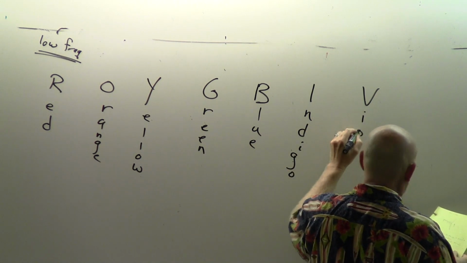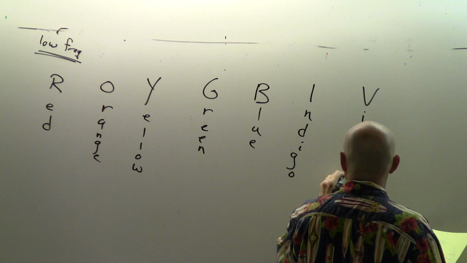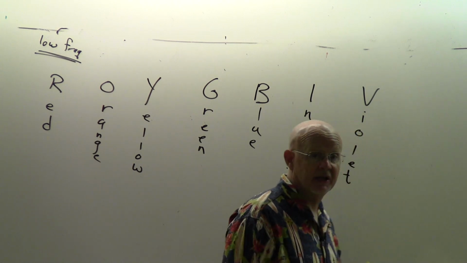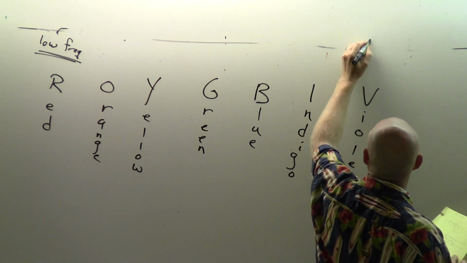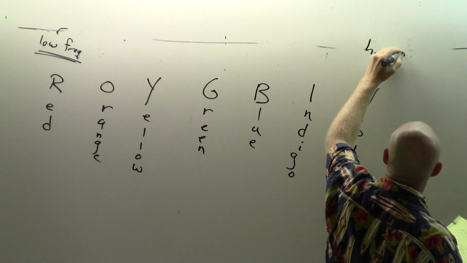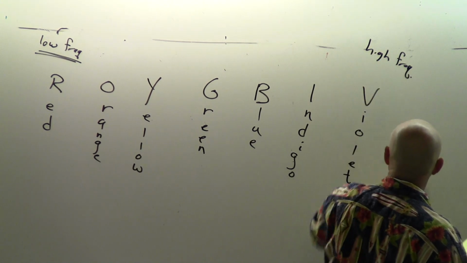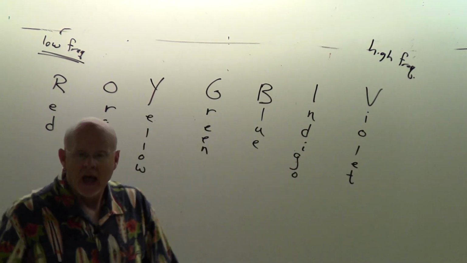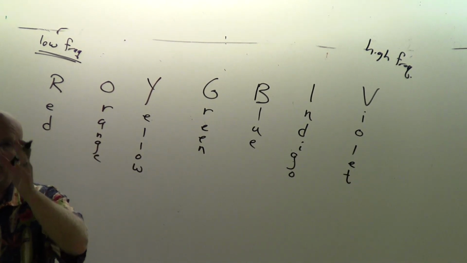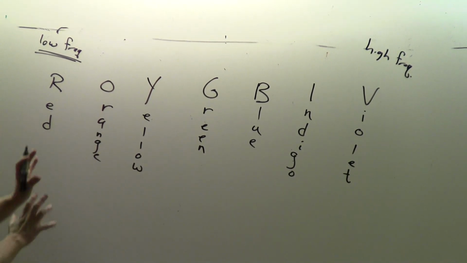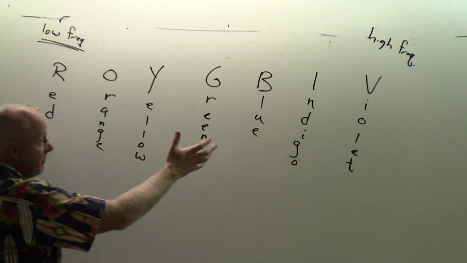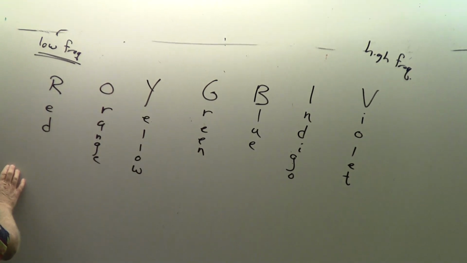And then a little bit higher, and the highest your eyes can see, and so I will say the high frequency, is then violet. And so just like we did for the sound waves where we had a sonic range, we could have a visible range, and we could have frequencies lower than that.